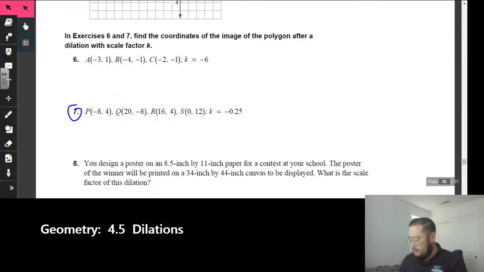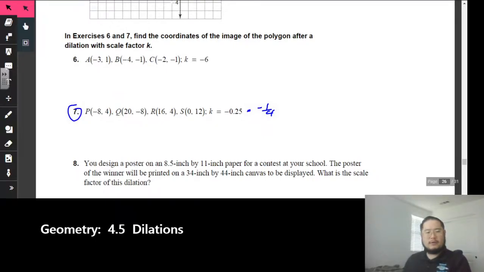Now, hopefully we also realize that negative 0.25 as a fraction ends up equaling negative 1/4. So you take your pick. You can multiply both by negative 0.25, use your calculator, or if we multiply by negative 1/4, it might be a lot easier because of the points they gave us.